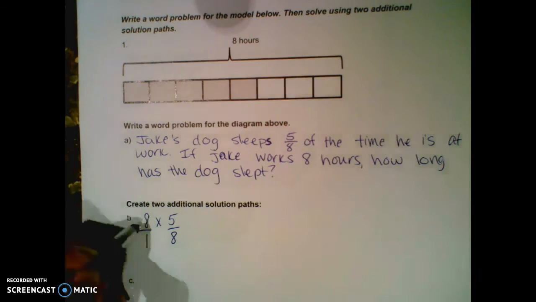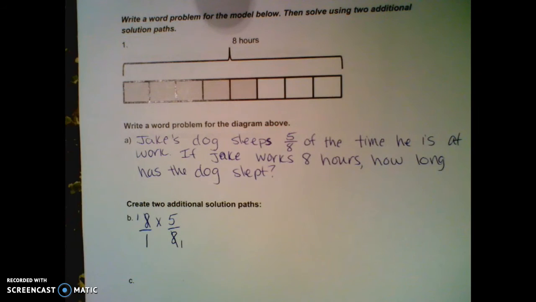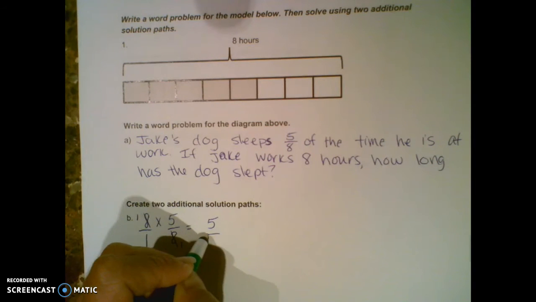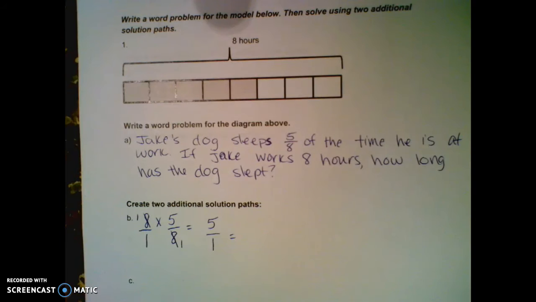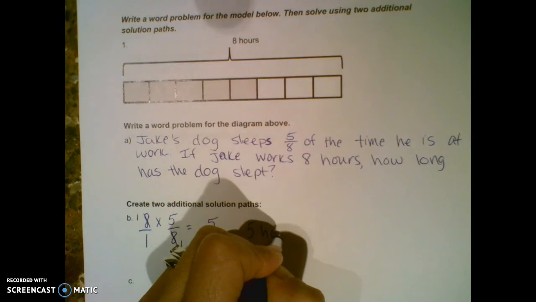Just as review, I'm going to choose to simplify: 8 goes into 8 once, 8 goes into 8 once, so when I multiply, I won't need to worry about simplifying then. So 1 times 5 is 5, over 1 times 1 is 1, and that tells me that the dog slept for 5 hours.